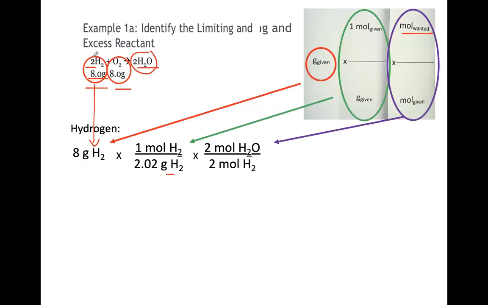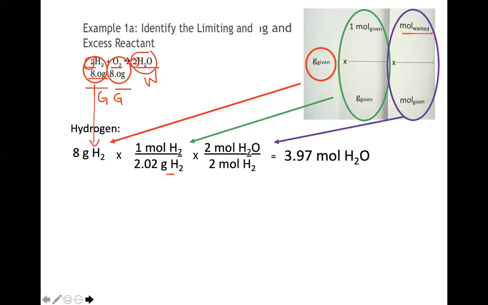So we're using the coefficients. And you don't use O2 because O2 is another given. These are both givens. And what we want in this case is going to be our product. Once you're done with all of that, you're going to multiply across, divide on the bottom, and you'll end up with 3.97 moles of H2O.